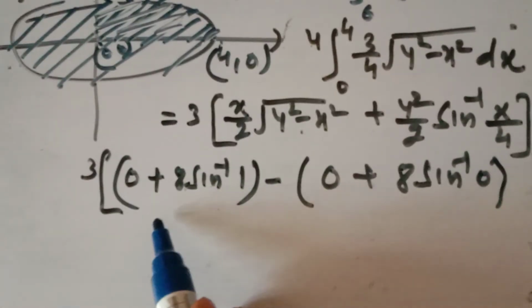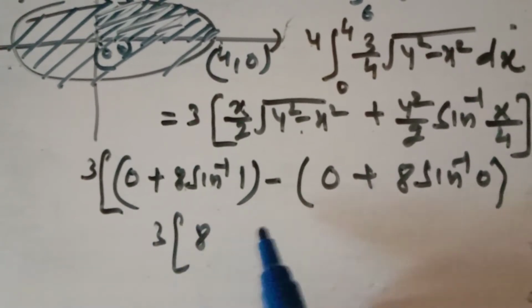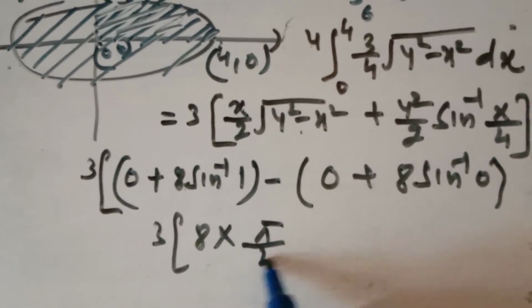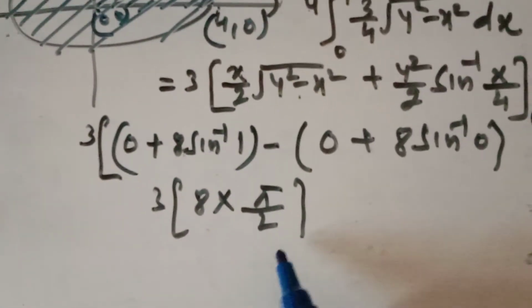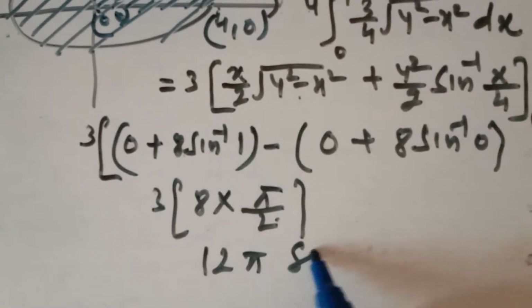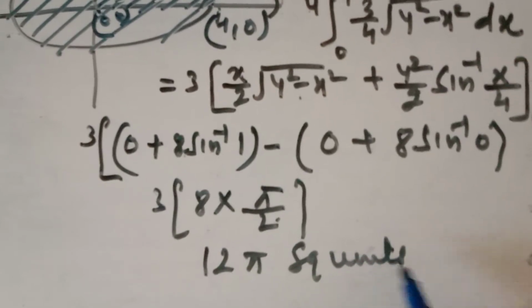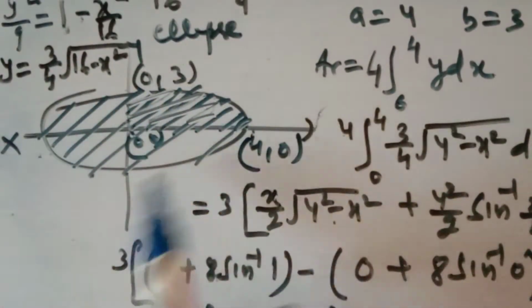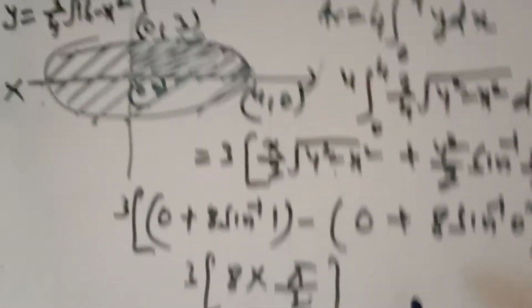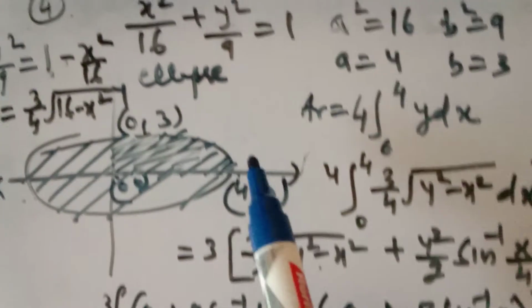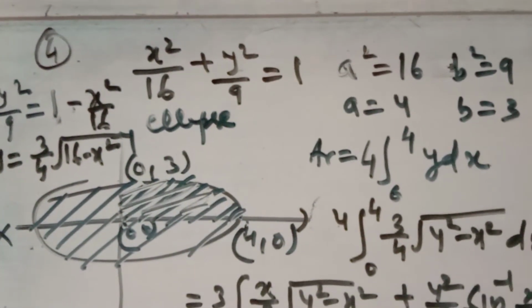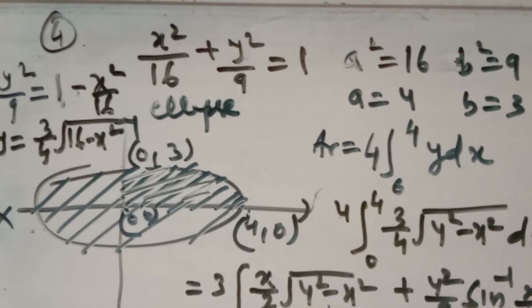So 3 times 8, and sine inverse 1 is pi by 2. So this comes out to be 4 3s are 12 pi square units, the area bounded by this ellipse x square upon 16 plus y square upon 9. So this is question number 4 of your NCERT book.